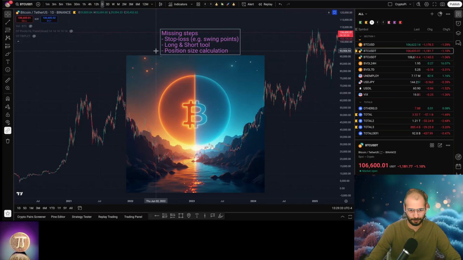And lastly, position size calculation is very important while trading. Perhaps to a certain degree also while investing for the long term, but if someone is trading on a day-to-day basis or on a lower time frame such as 5 minutes, 1 hour or 4 hour, it's really good to know how to calculate a position size.